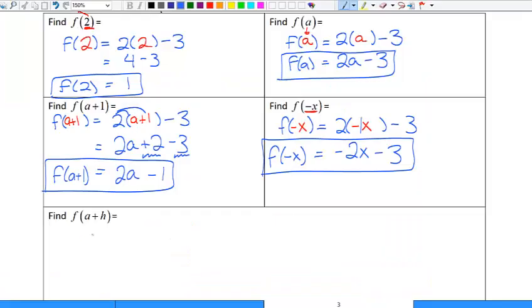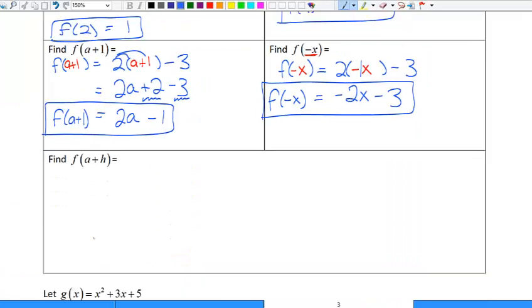On the next problem, I have f of a plus h. Now this is a little bit interesting because we have two variables, a plus h. But again, it's done the exact same way. F of x is equal to 2x minus 3. Every time I say an x, I'm going to leave that open parentheses. Then I'm going to come back and replace that open parentheses with a plus h, because the a plus h is the item that replaces the x in f of a plus h.